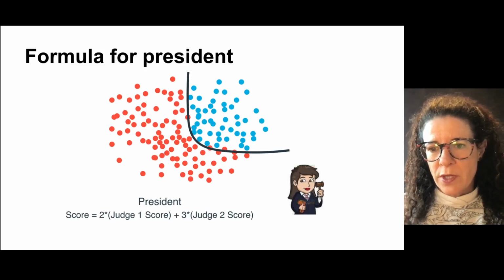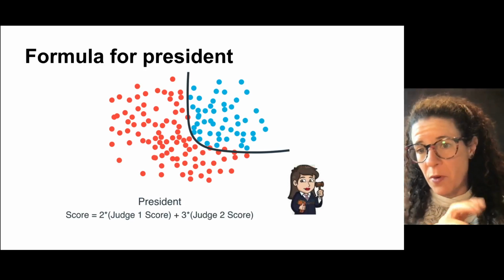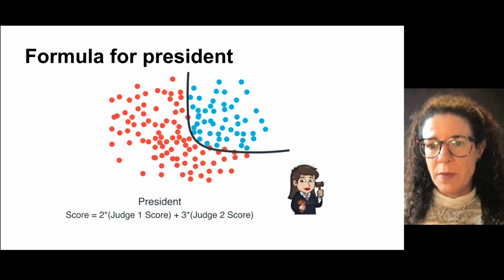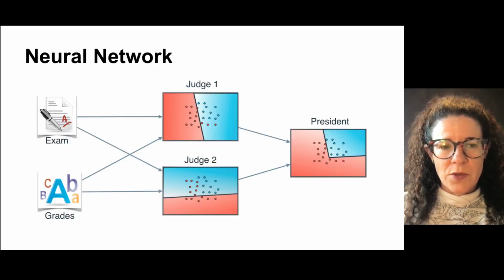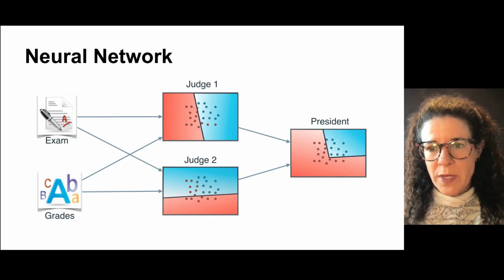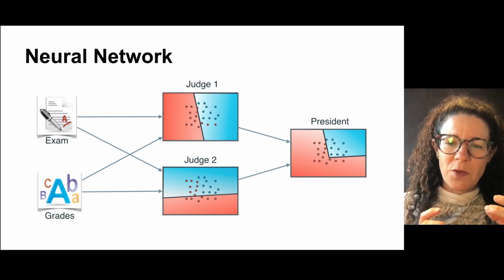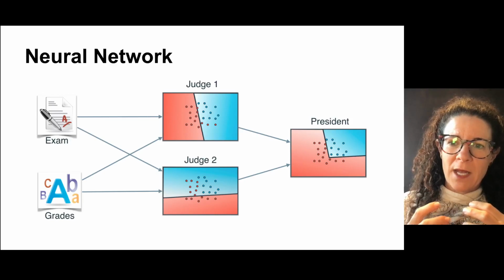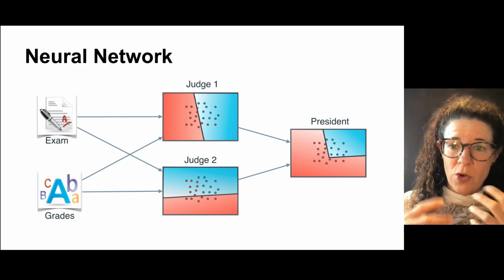So the president is going to multiply the score of judge 1 by a number and the score of judge 2 by a different number, and that's going to be the score of the president. Basically, what a neural network does is that judge 1 is going to do a linear transformation of the inputs, and then apply a nonlinear function to get a score.